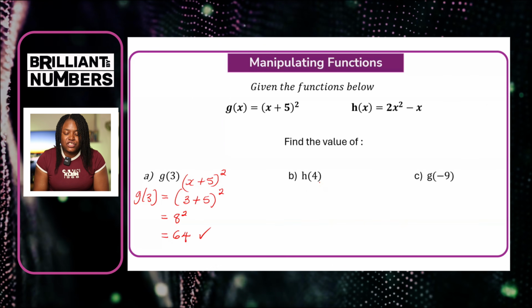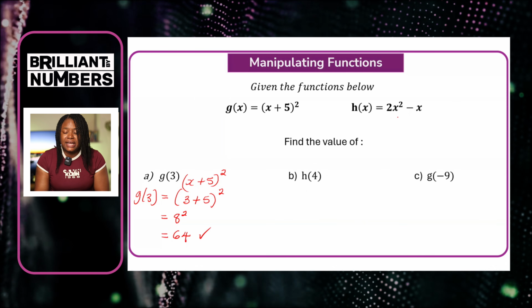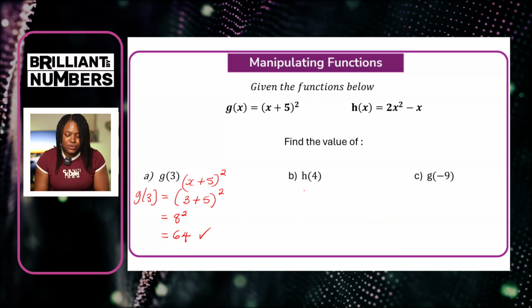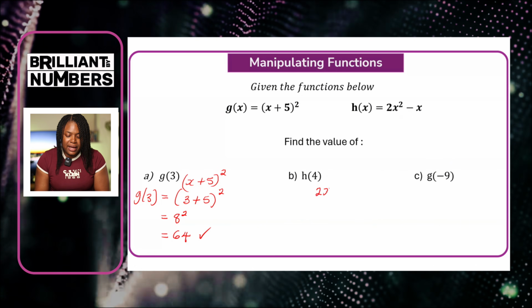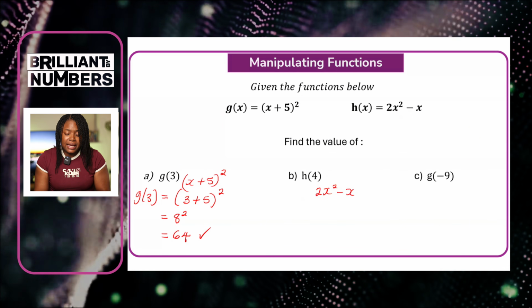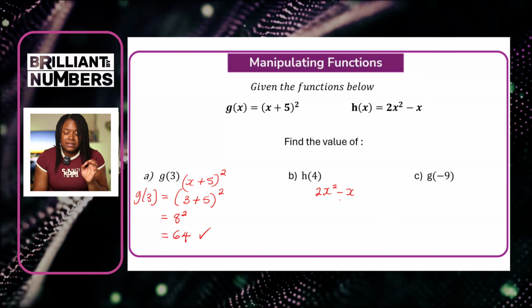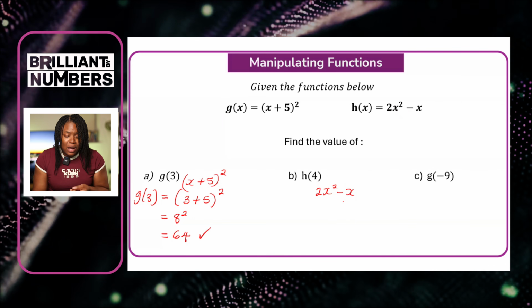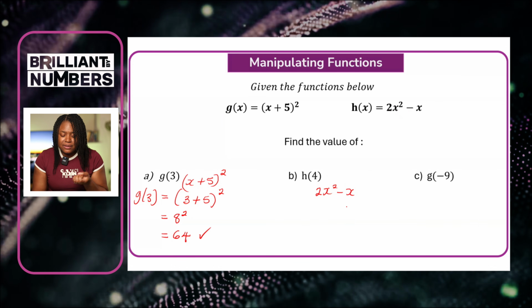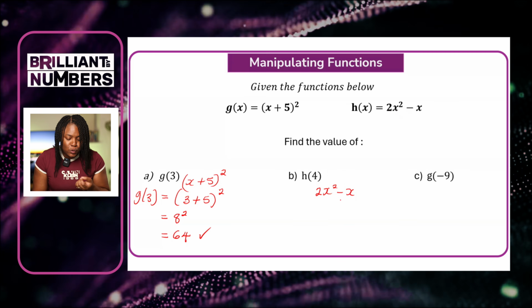Then we move to h of 4. So here is our function h of x. So again, I'm just going to write the function out, 2x squared minus x. Importantly for this one, you must replace x wherever x is. So now we've got two x's, so we need to replace these x's with the 4.